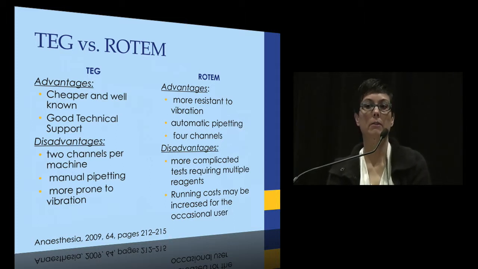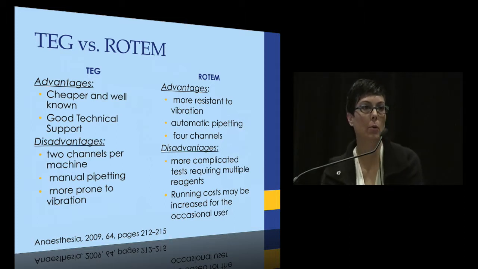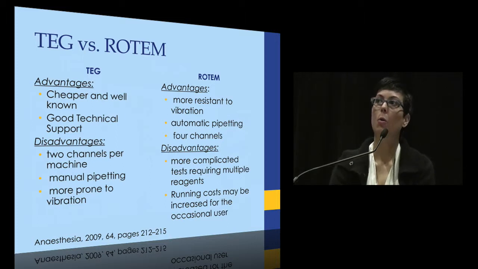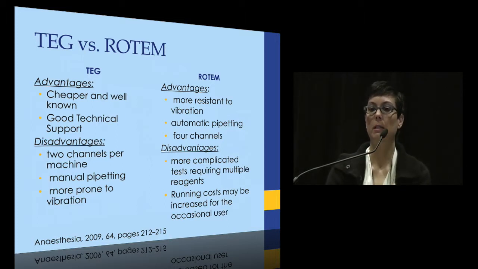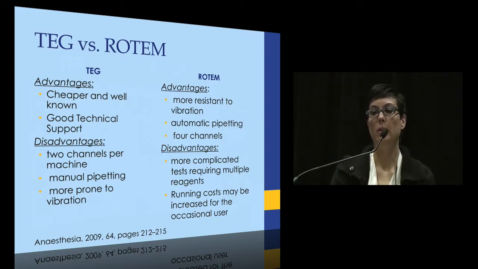I asked a colleague of mine who was deciding whether to purchase TEG or ROTEM at the VA, and for him, the biggest issue was this vibration. You can lose the thromboelastogram with any movement, and that's why he wanted to go with something like the ROTEM. So the advantage is that it's resistant to vibration. You can go along and do your thromboelastogram, and if somebody moves the table where it's working, you don't have to start all over again.